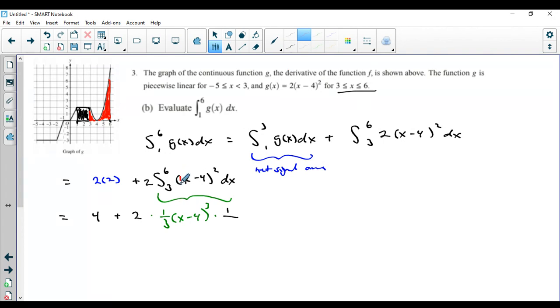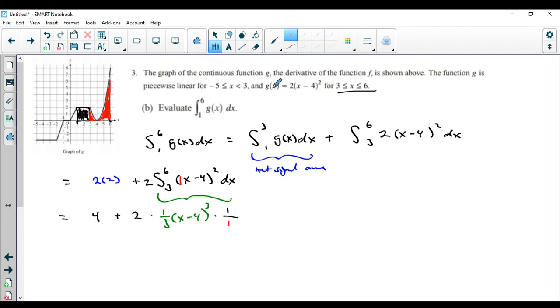Now, stuff is linear, it's 1x minus 4, and the derivative of that would just be 1. Even if I didn't write this in, you always have to multiply by 1 over the derivative of stuff. It's kind of like the reverse chain rule for integration, but as I've said a bazillion times, there is no such thing as the reverse chain rule, because this little procedure only works when your u is linear.